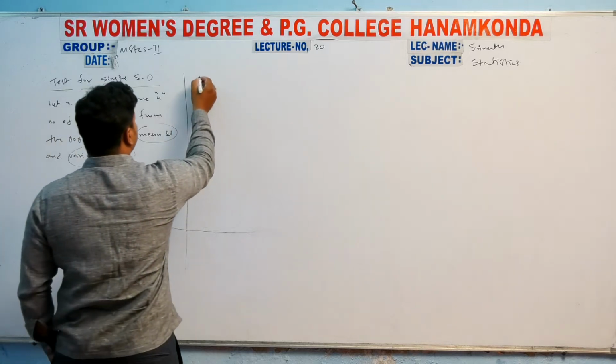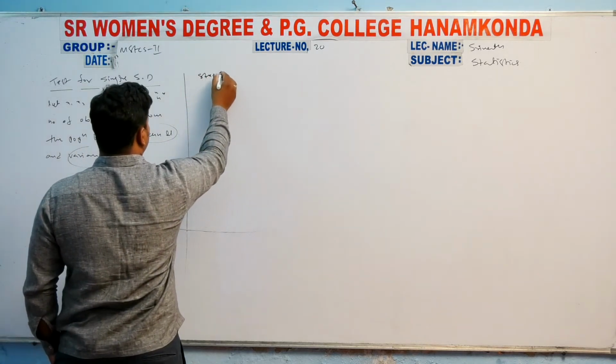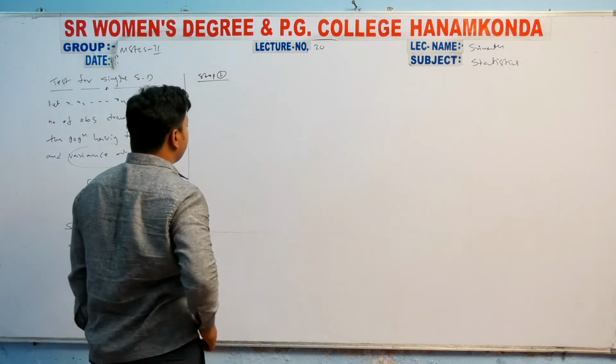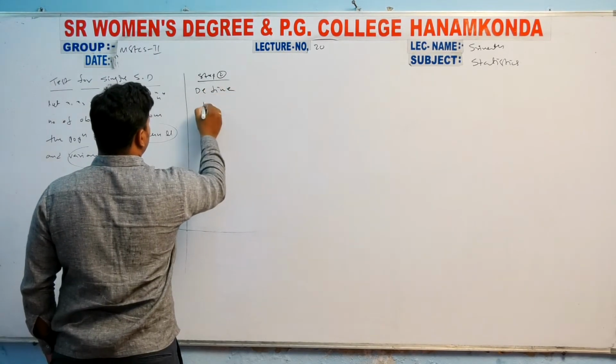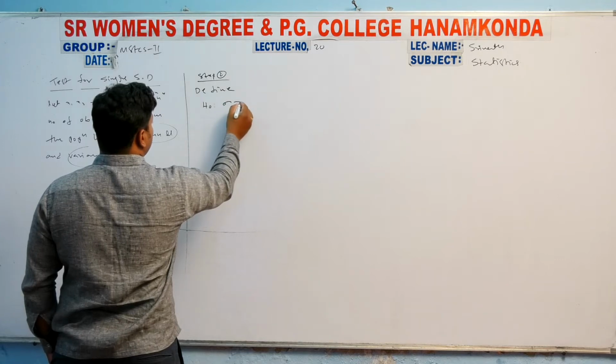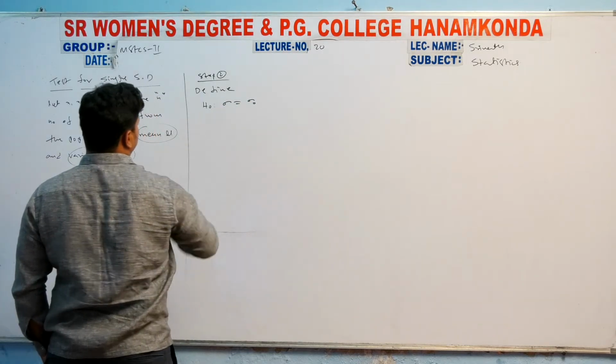And step 2, define H0: sigma equal to sigma naught.